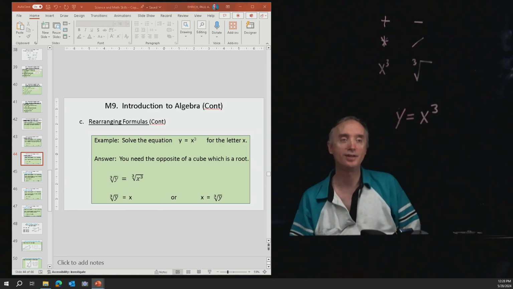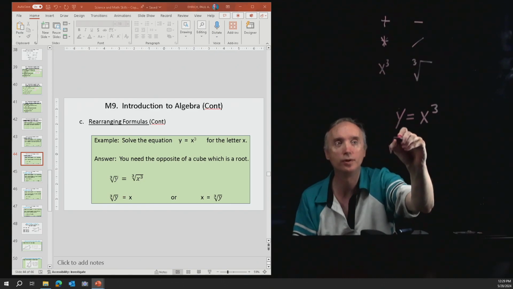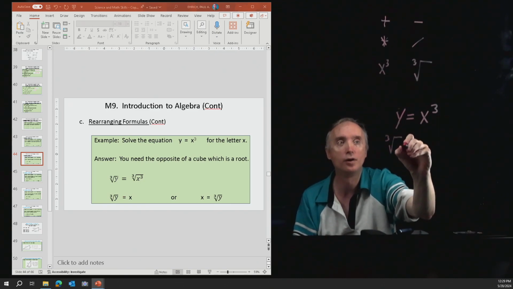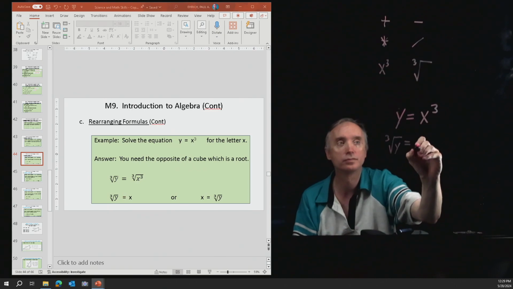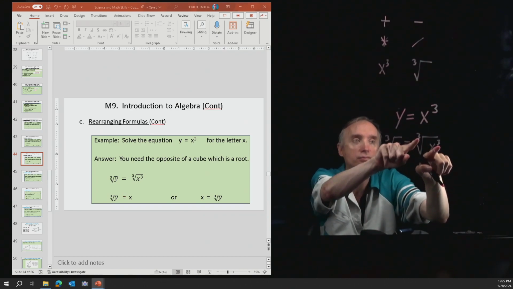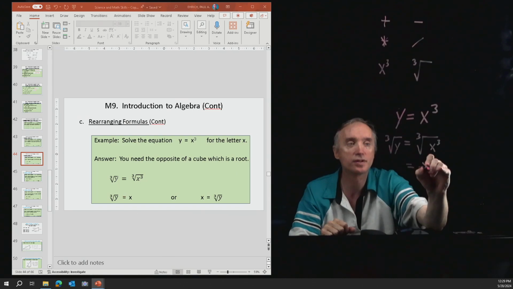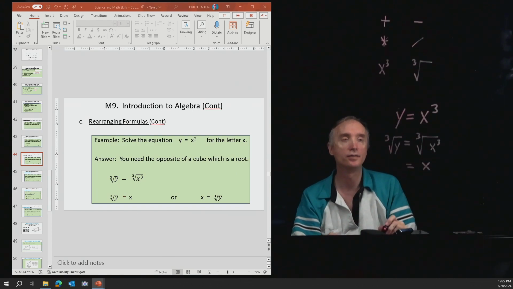So we say that these are inverses of each other. So in order to do this, now we're going to take the cubic root of both sides. And then these two are going to cancel each other. And so then what you end up with is just x by itself on this side.